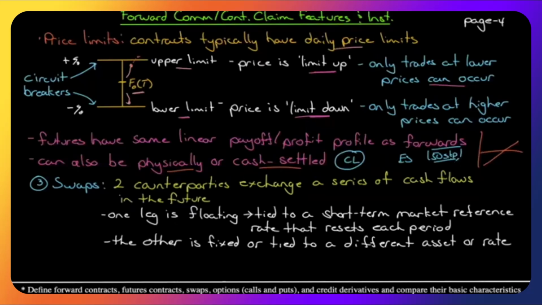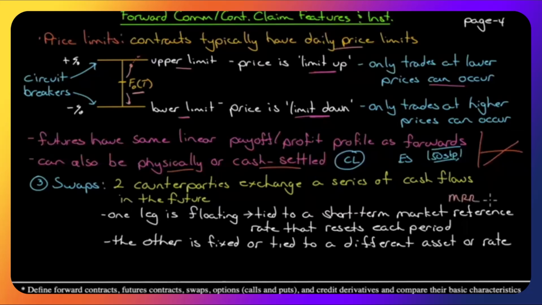Let's move on to swaps. Two counterparties exchange a series of cash flows in the future. One leg, one side, is floating, which will be tied to some short-term market reference rate. Whenever you see MRR anywhere, that's the market reference rate.